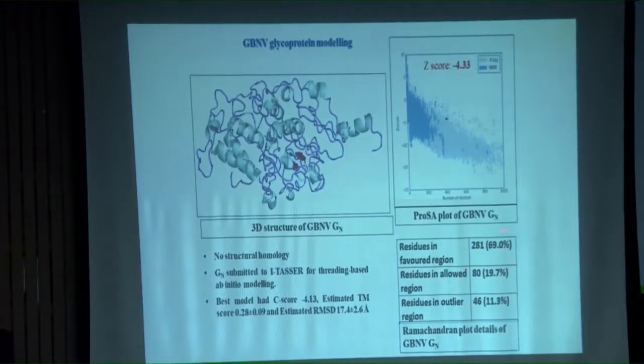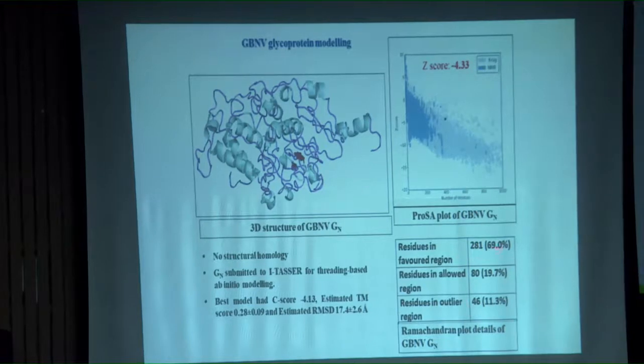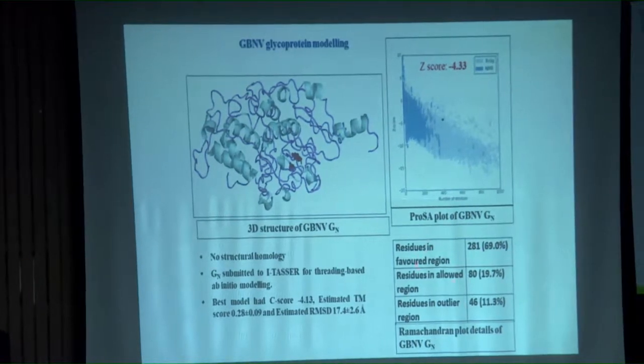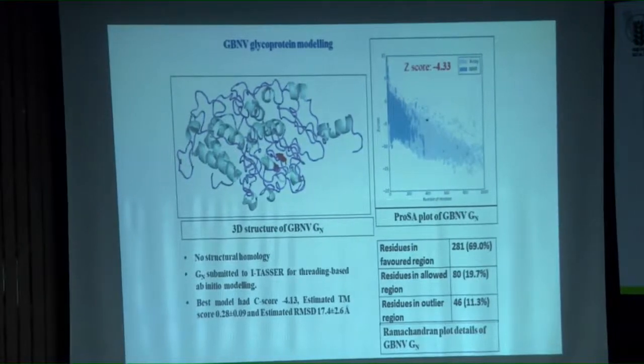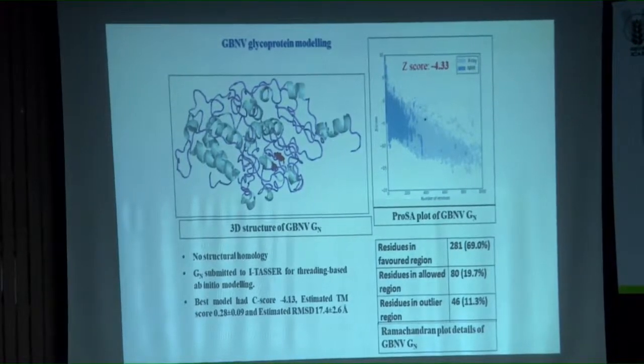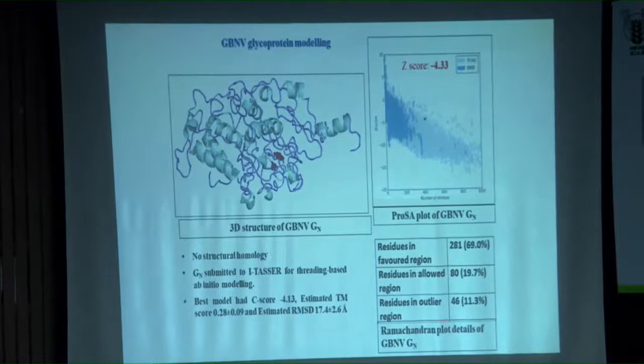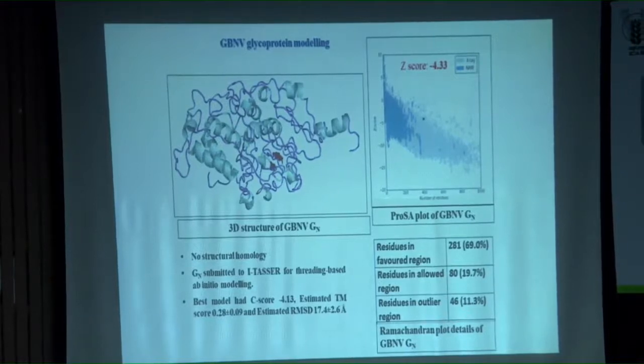In the Rampage analysis, the percentages are very important: 69% of residues come in the favored region, whereas around 20% come in the allowed region. You have to take the total of favored and allowed regions. If it crosses 90%, then it's a good structure. But if the outlier region crosses more than 10%, then it is not a good structure.